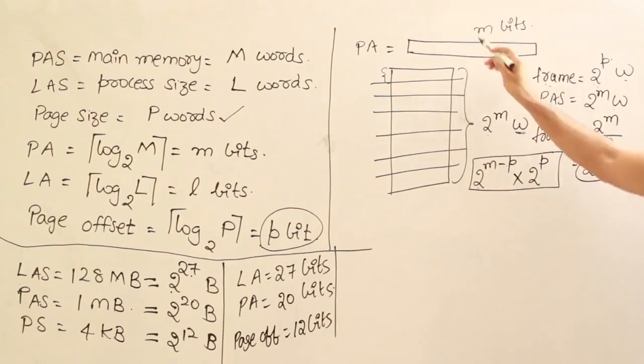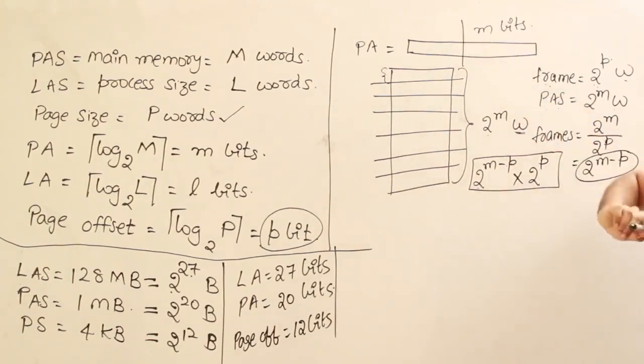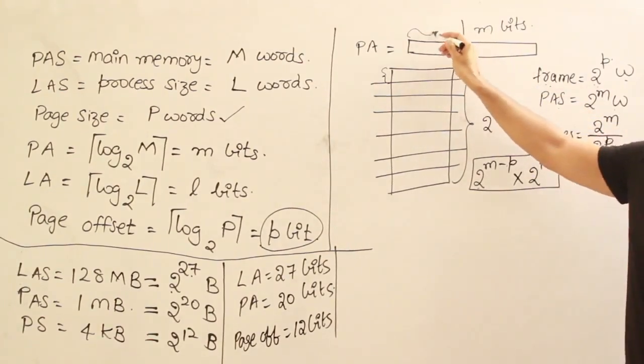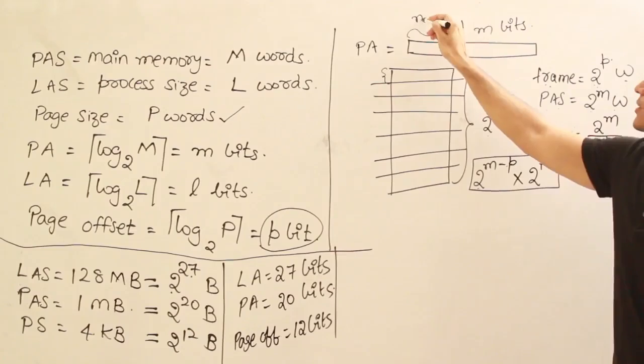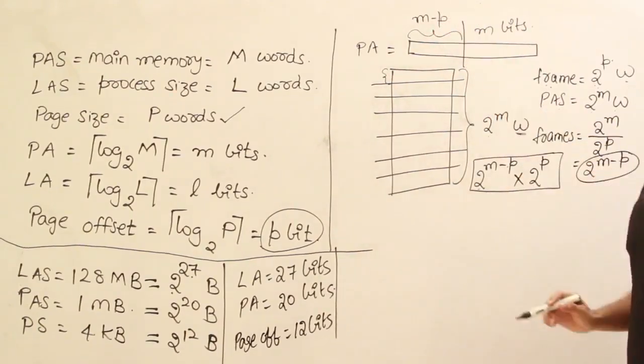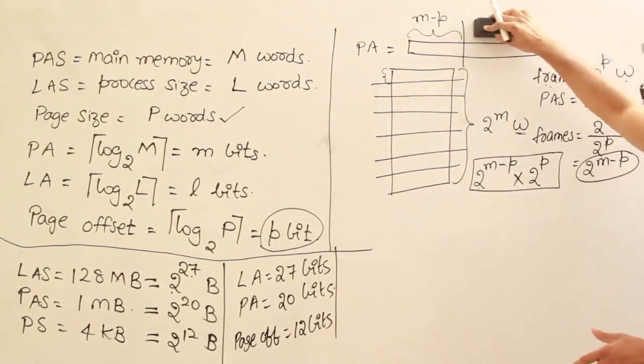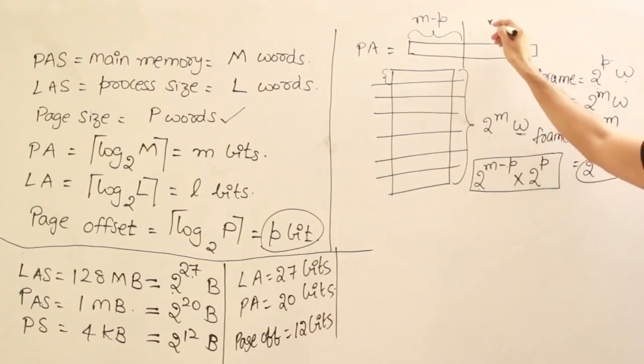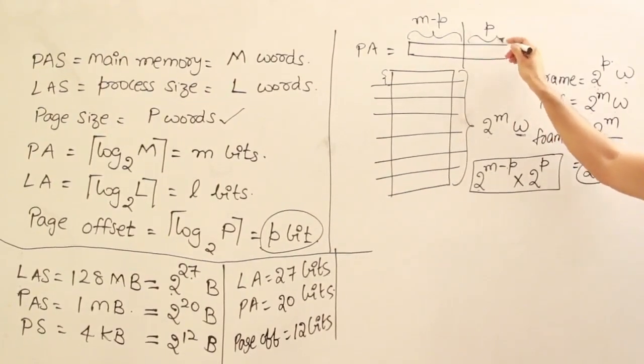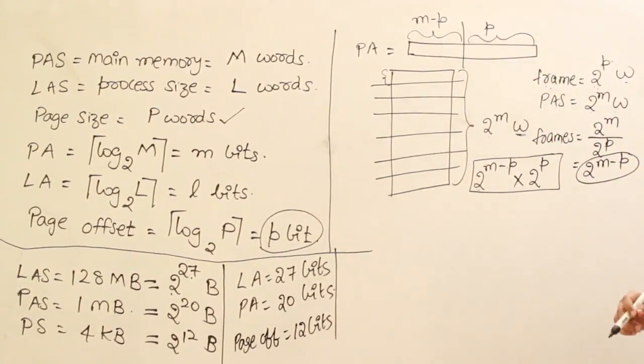So dividing it like this is meaningful, in such a way that the most significant m minus p bits will identify the frame, and the least significant p bits are going to identify the frame offset.